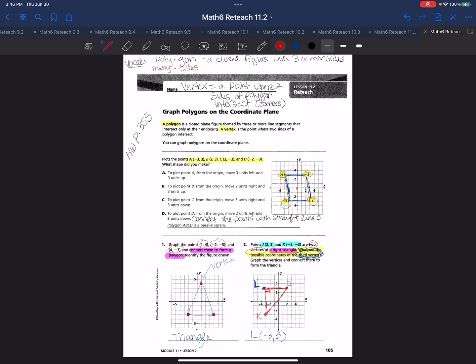If I did a right triangle this direction, I still would form a right angle here, and that would meet the requirements. Another possibility is point M, which could also be a vertex at 2, -3. So in this problem, it could be L or M. That is our lesson for Module 11, Lesson 2, Grade 6.